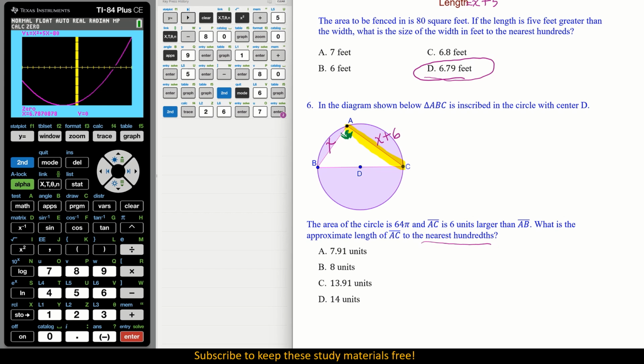Okay. Now, oh, I could do that right angle a little better, couldn't I? Okay, that's much better.